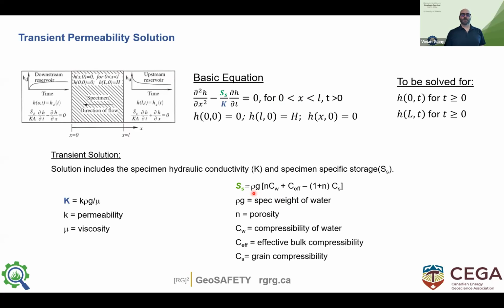So specific storage, what's in there? Density of fluid, gravity, porosity, compressibility of the water, effective bulk compressibility, and the grain compressibility. All of those are your poroelastic constant terms, and part of that is very difficult to measure.